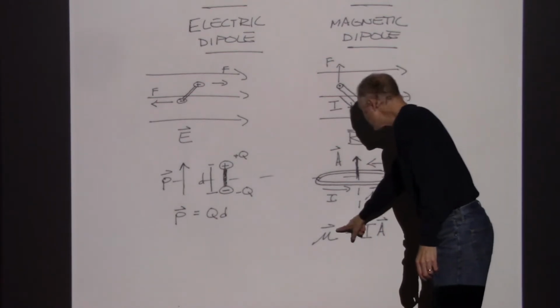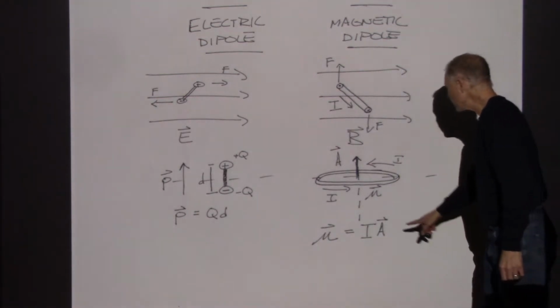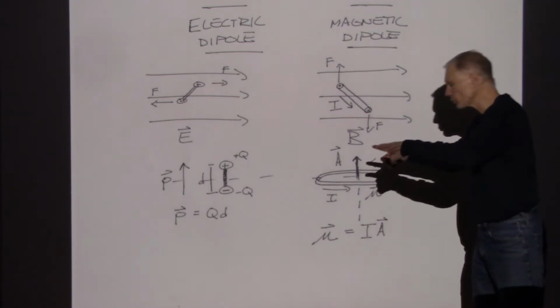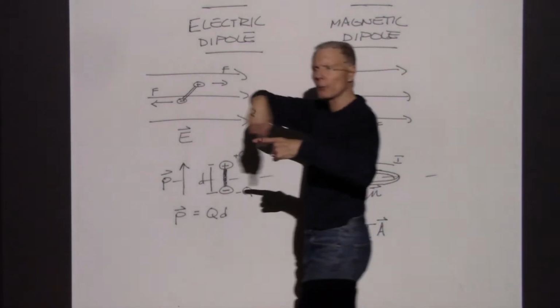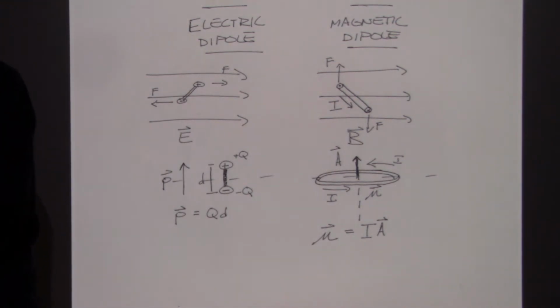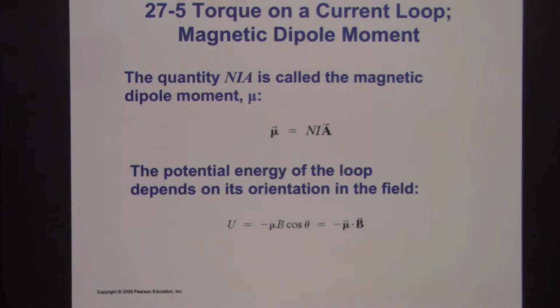And the symbol we use for that magnetic dipole is mu, and it comes from taking the current, how much current is there, and how large of an area the current runs around. Seems funny, but mathematically it works the same way as the electric dipole, so that's what we call it.